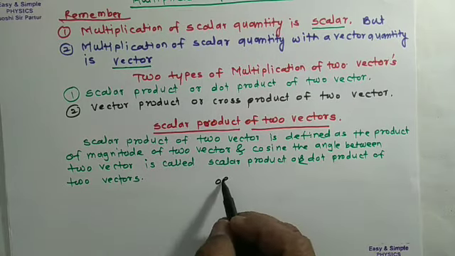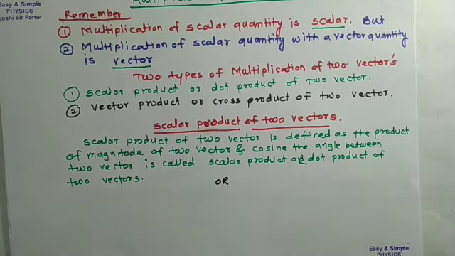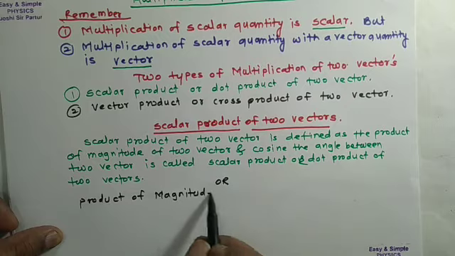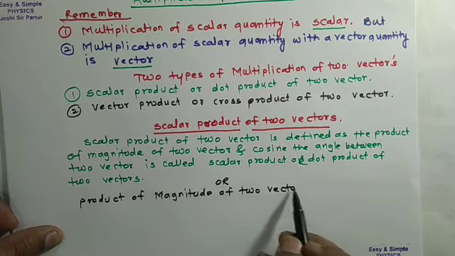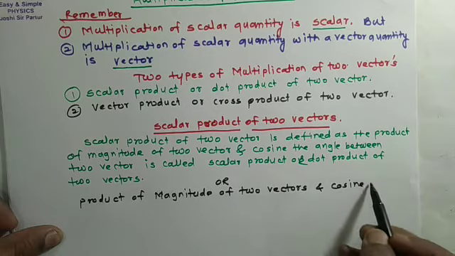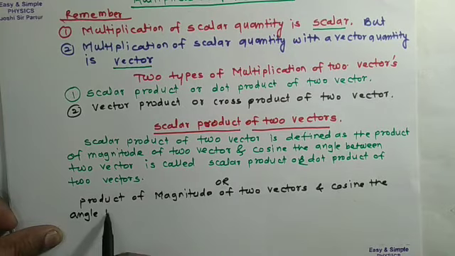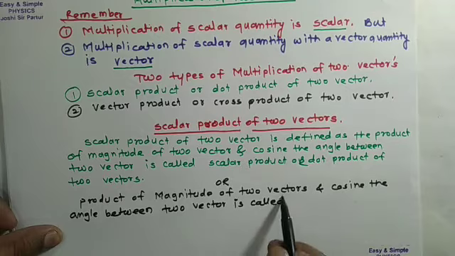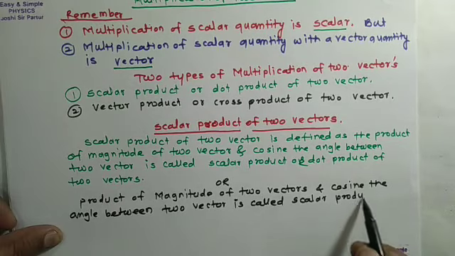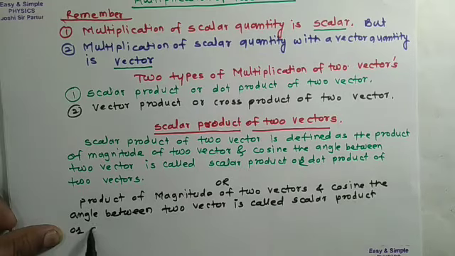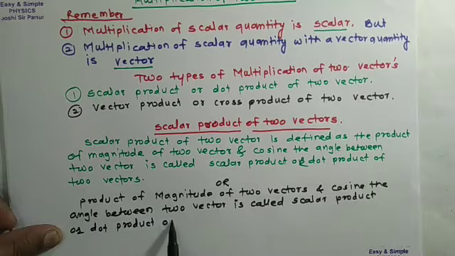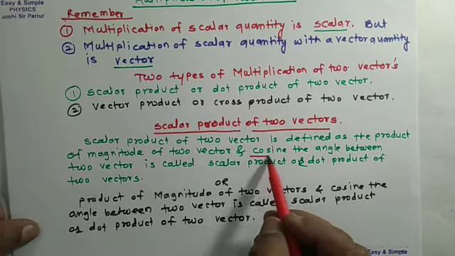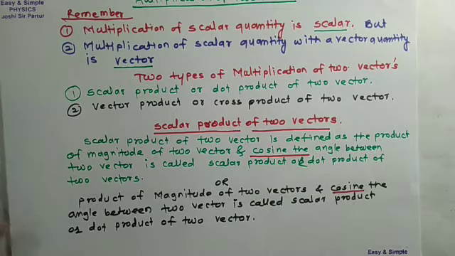Or we can define it another way: the product of the magnitudes of two vectors and the cosine of the angle between them is called the scalar product or dot product of two vectors.